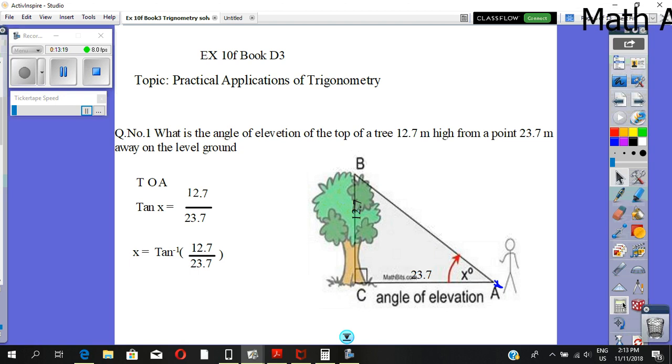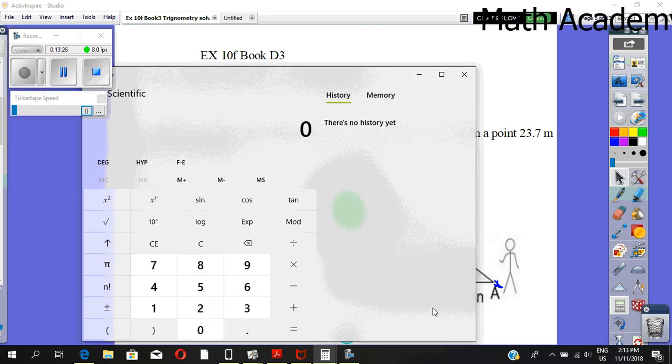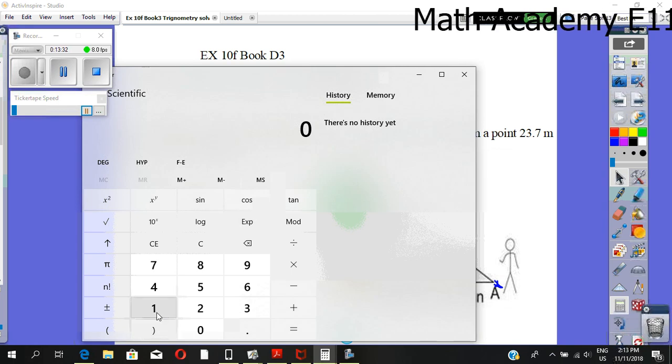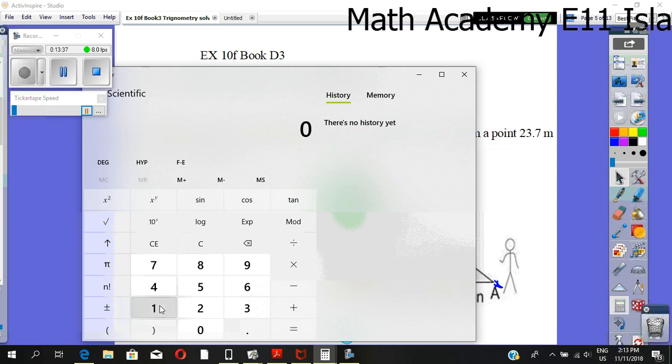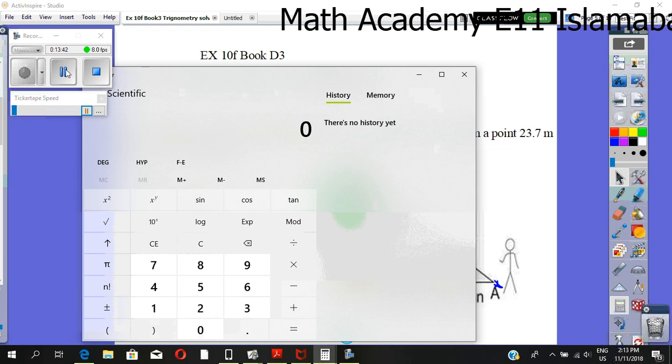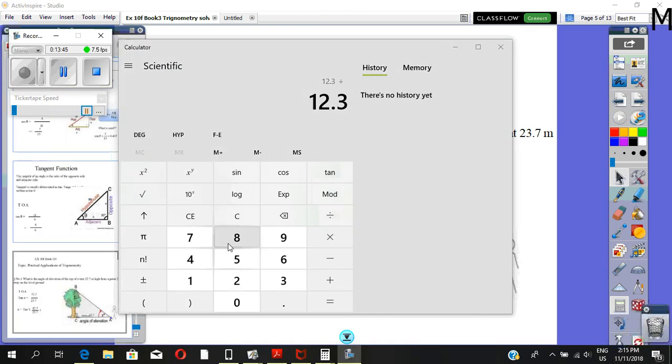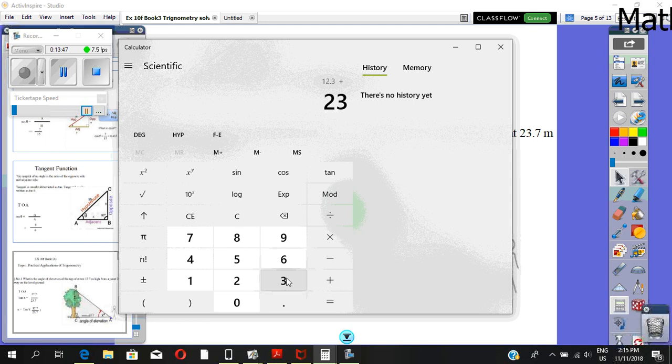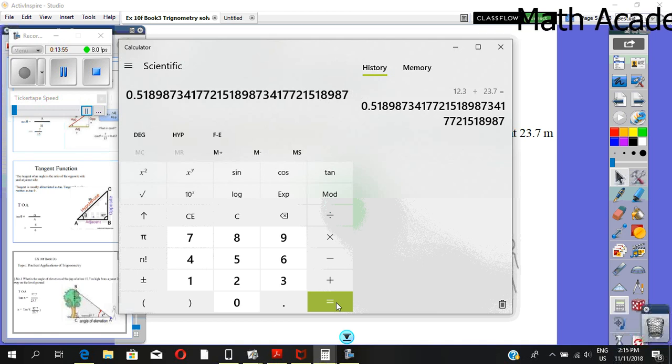With the help of the calculator, we take the ratio 12.7 divided by 23.7, which gives us 0.5189.